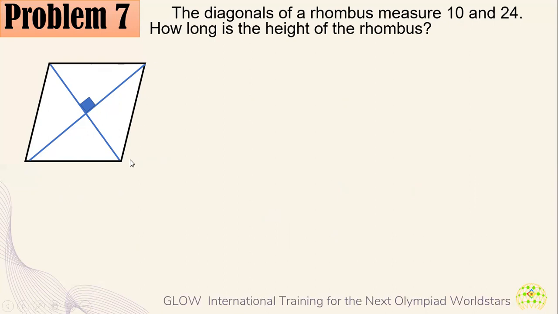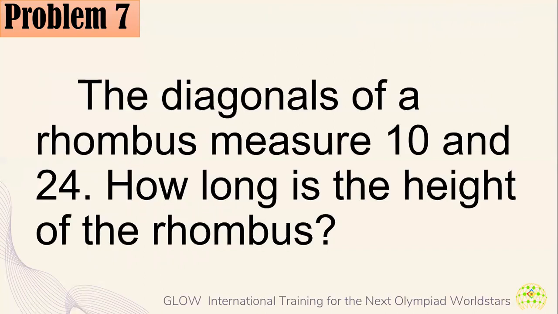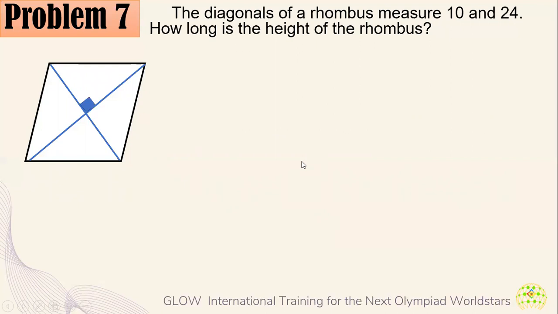To do that, we know that the lengths are 10 and 24. Based on this, we all know for a fact that if you draw the two diagonals, then each diagonal bisects the other. When we say bisect each other, they divide each other into two equal parts.